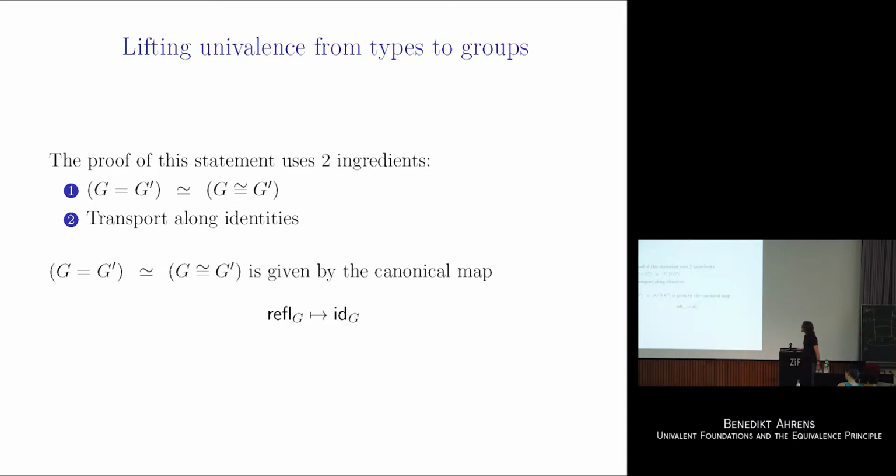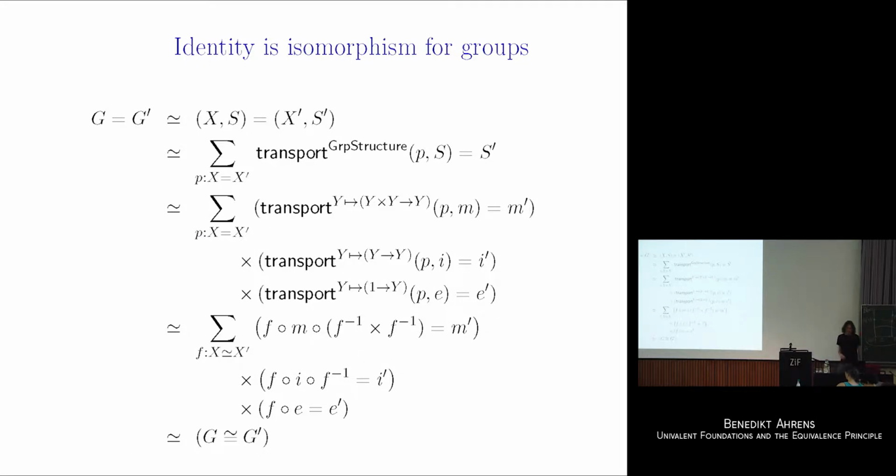In more detail, how can one construct this equivalence? This is a slightly complex proof, but you're not expected to understand the details, just the general setup of such a proof. So we start out with identities between groups. By definition, if G is the pair X, S, so X is a set and S is a group structure on X, and G prime is X prime, S prime, then this equivalence is just unfolding.